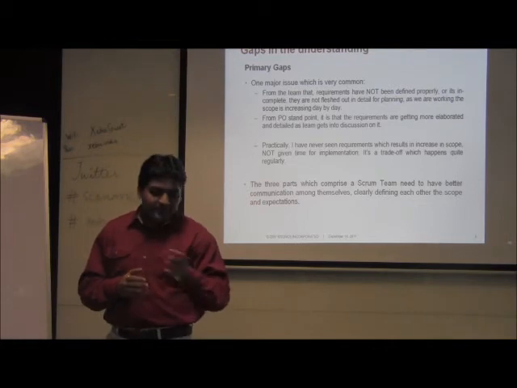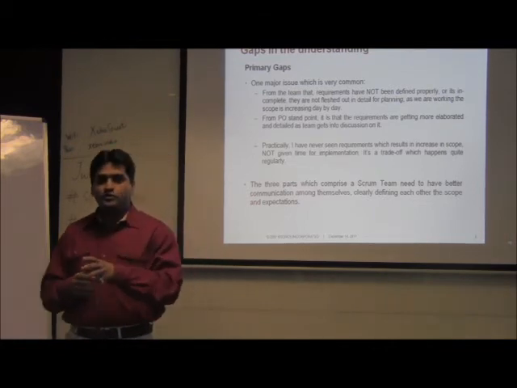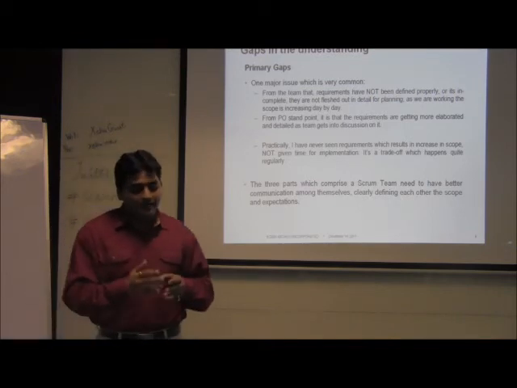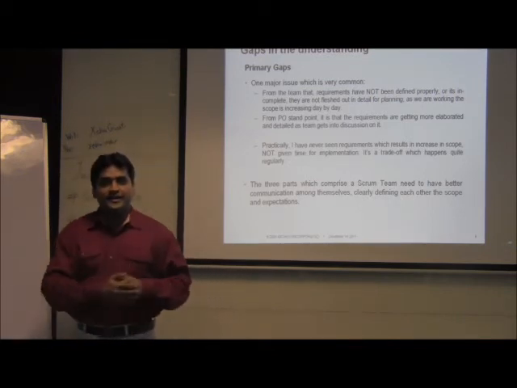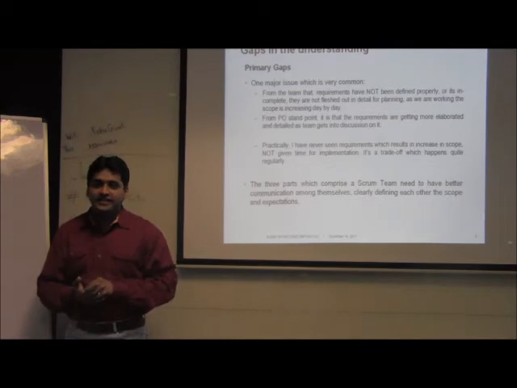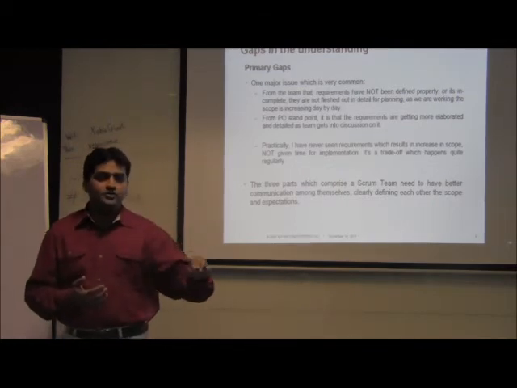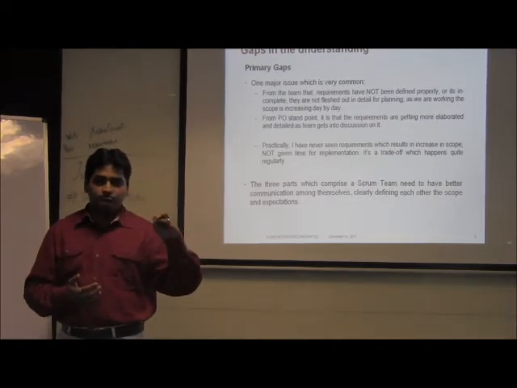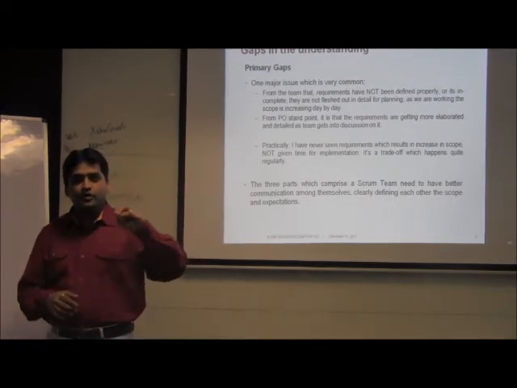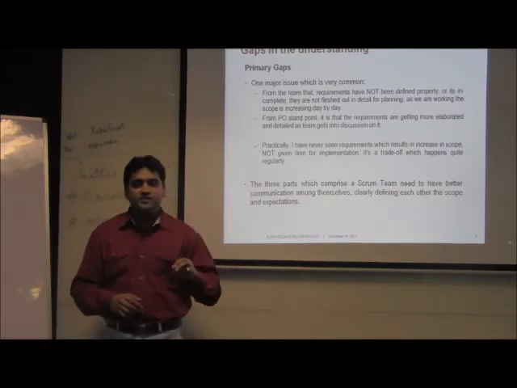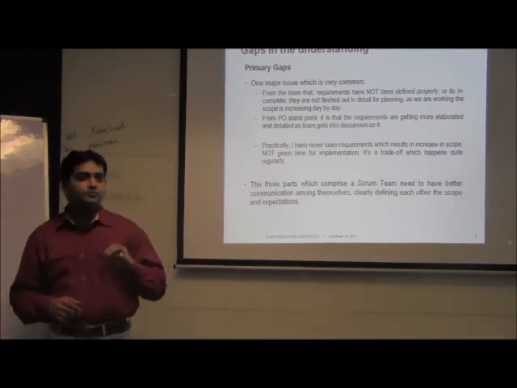And another thing which is related to the scope. There are at times things which go out of the scope, but I've truly written it. I mean, practically I've never seen anything go out of scope and the team not given time to execute it. That should be the beauty of Scrum, whichever organization is using it: yes, there will be changes in the scope, but you need to give time to implement it.